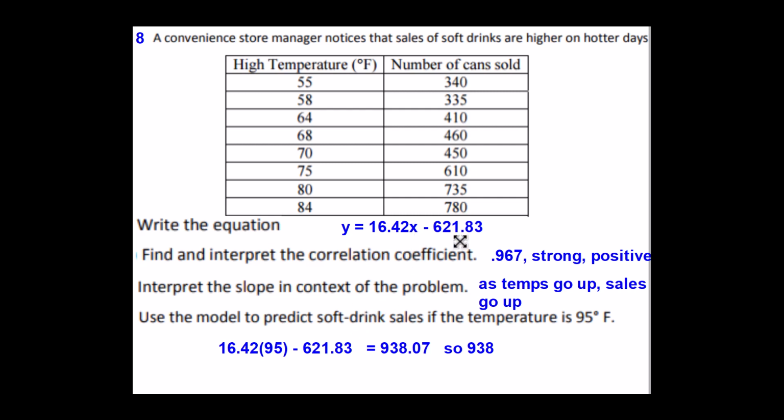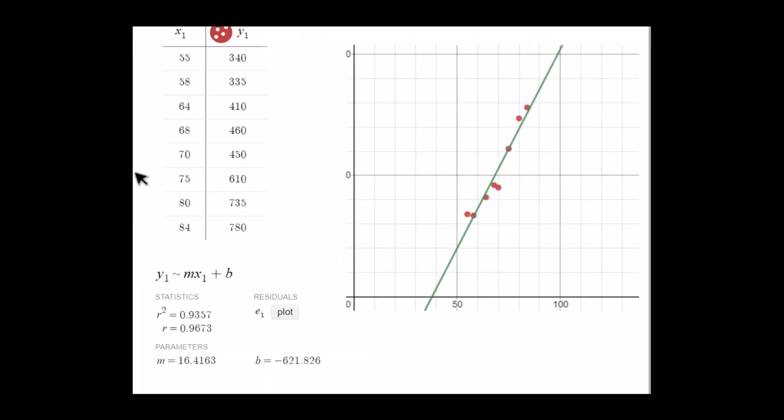Minus 621.83, and you get 938.07, or approximately 938 cans. Okay, here's the data, the table, the graph. And don't forget how to plot that regression line or line of best fit.